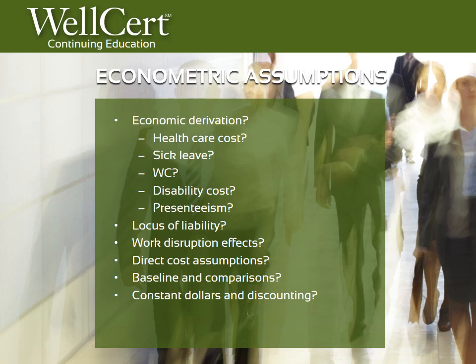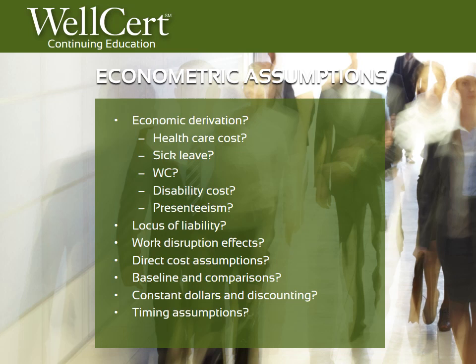So am I adjusting for the time adjusted change in value of dollars, what a dollar buys? And do I want to use constant dollars in my analysis, or do I want to discount at a fixed rate or a variable rate? So those are econometric assumptions that I make explicit as I do any kind of analysis that would look at the economic return from my wellness programming.